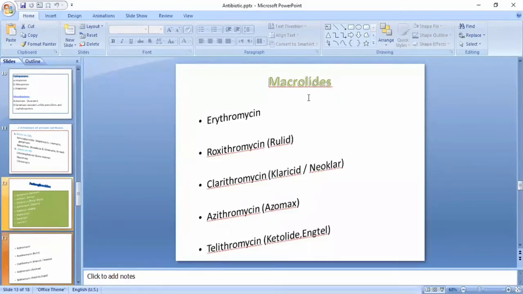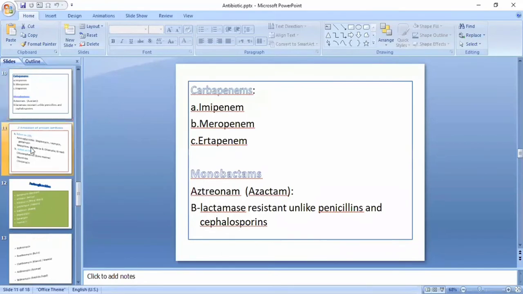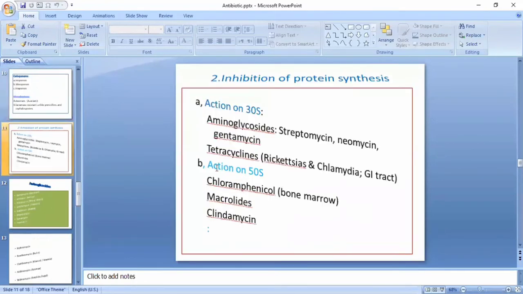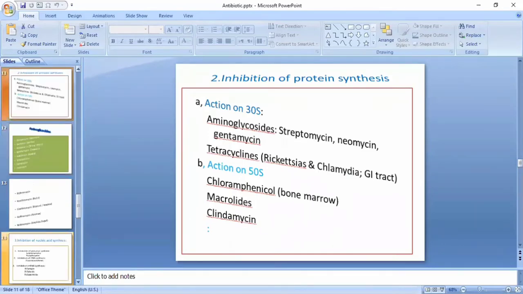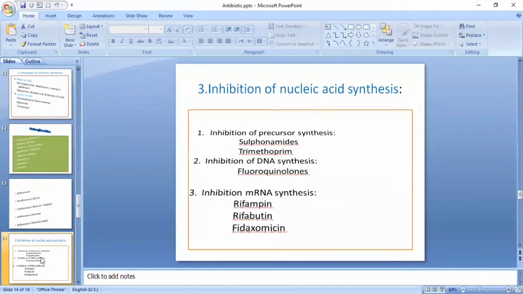The next one, the antibiotics which inhibit protein synthesis. So the macrolides are the antibiotics which act on the 50S. So describing and classifying the macrolides, which are the macrolides.